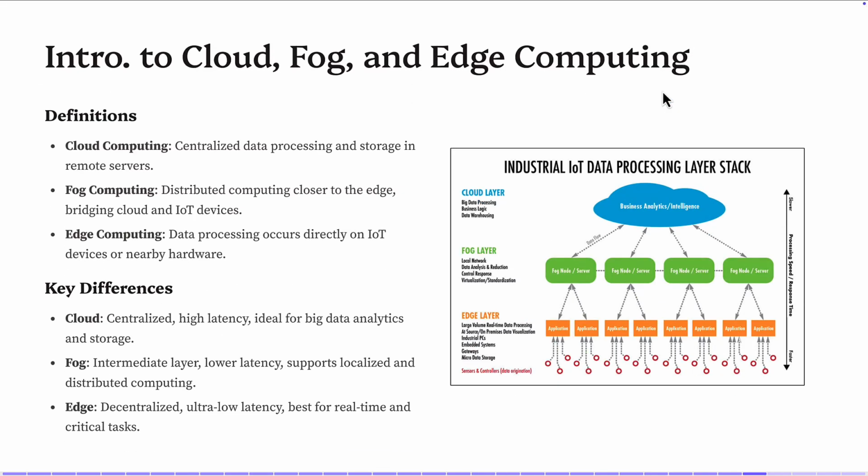So cloud computing is basically the centralized data processing and storage in remote servers. This is like the biggest server that we will have in our IoT ecosystem. The fog computing is the distributed computing closer to the edge, bridging the cloud and IoT devices. So this acts like bridges. This is one fog.